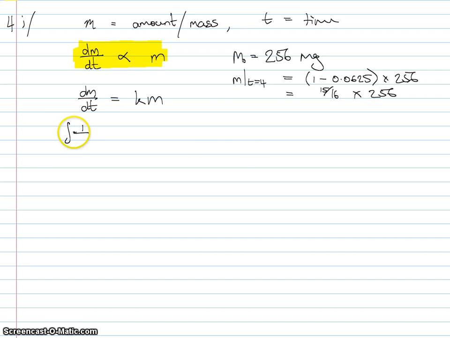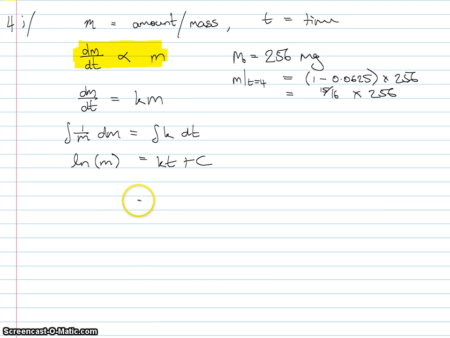So the integral of 1 over m dm is equal to the integral of k dt. So in other words, ln m is equal to kt plus c, integrating both sides. I'm not putting a modulus around my variable m, because m here represents the mass, and mass is a scalar quantity.